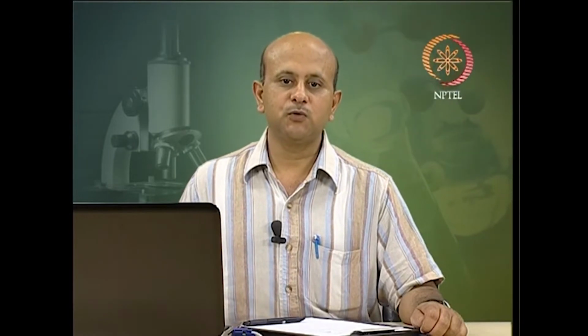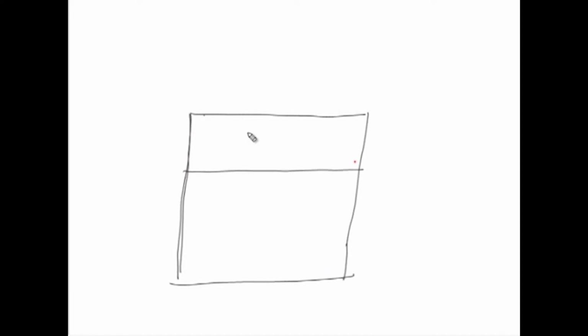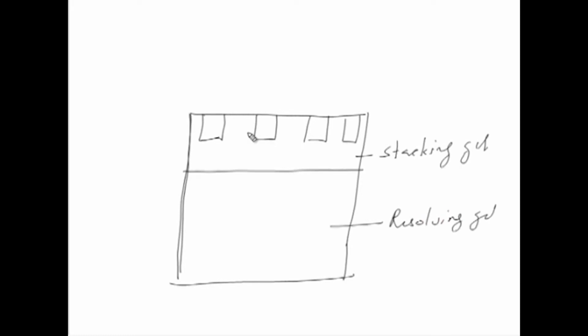All right. So, let me show you on the screen what the situation is here. On this gel you have two gels actually. This is the stacking gel, and this is the resolving gel. When you are casting the gel, first you have to pour the resolving gel, and after the resolving gel is polymerized, then you put the stacking gel.